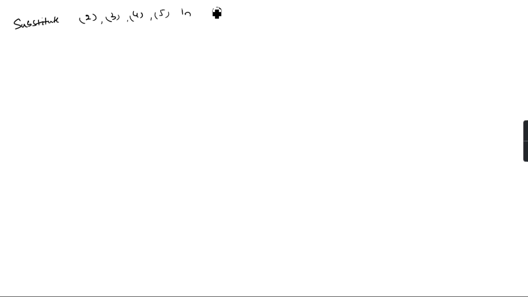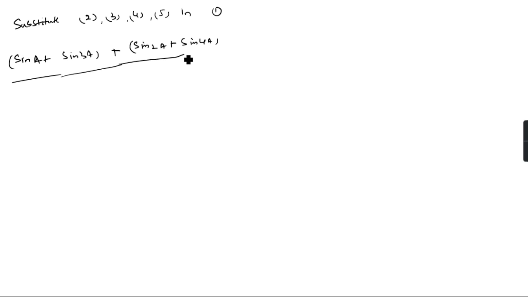So what is the 1? The 1 is sin A plus sin 3A plus sin 2A plus sin 4A by cos A minus cos 3A plus cos 2A minus cos 4A.